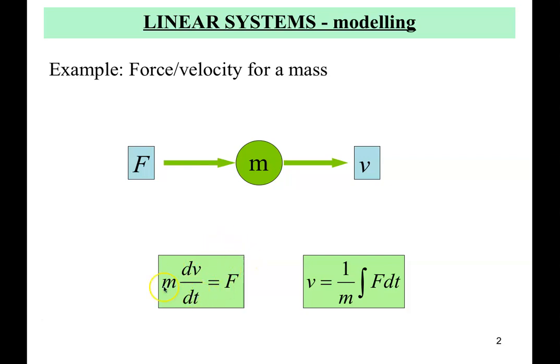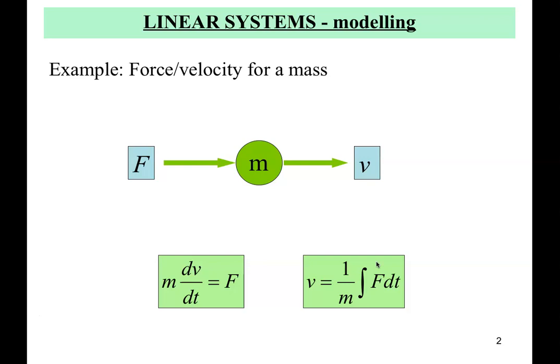If I modify that equation slightly, I divide m to both sides and then integrate dv/dt. It becomes the equation on the right-hand side. So v equals 1 over m times the integration of F. Now, for any input F, I integrate that F, divide by m, I get v.